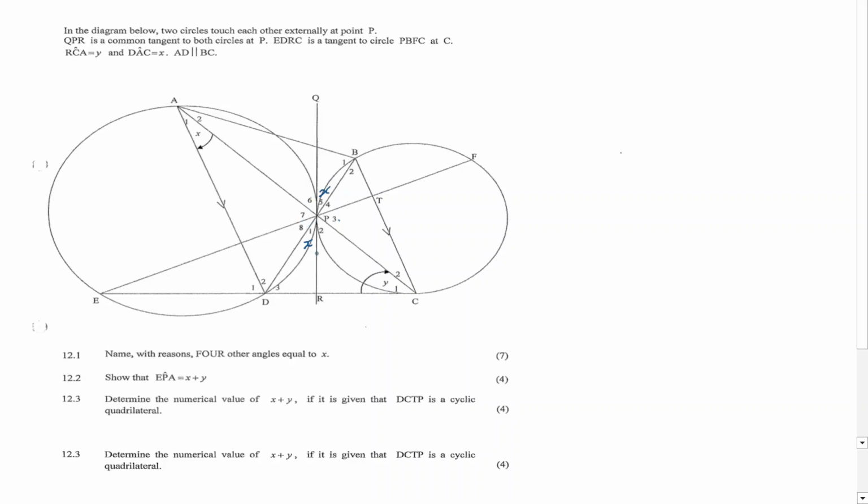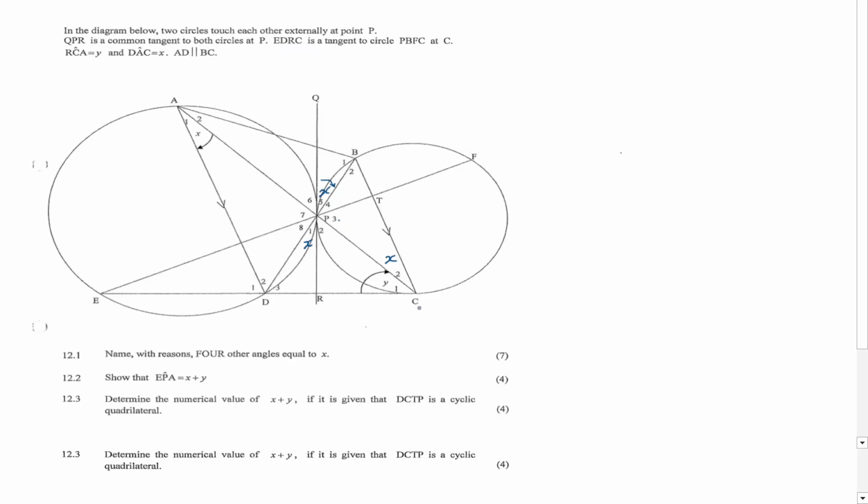If this is a tangent to this circle as well, then if that's X, I'll go to the side, to the chord that it hits and go opposite, and that should also be X. I could have got that because of these parallel lines being alternate, but that's just to show you that, just from the word tangent.